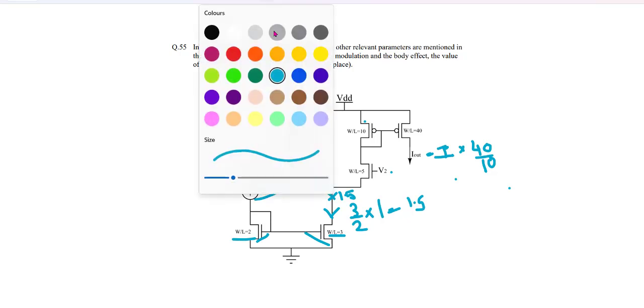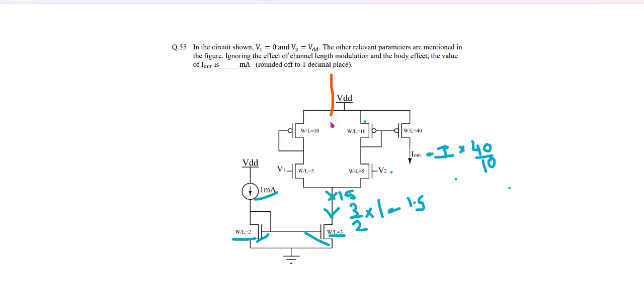So equal current can also flow if V1 equals V2 is given. That is what happens in differential amplifiers. But in this case, V1 is not equal to V2. They have given V1 0, V2 is VDD, and therefore all the current flows from here. Is it okay?